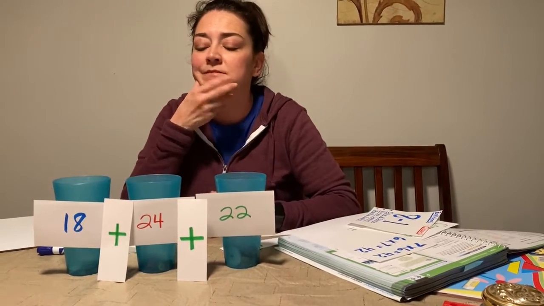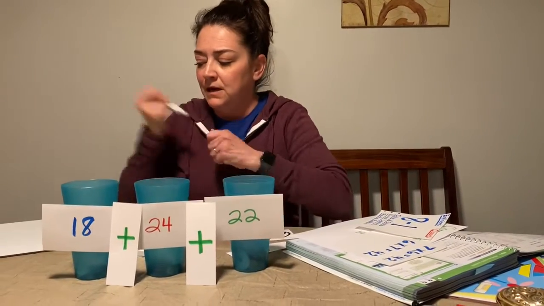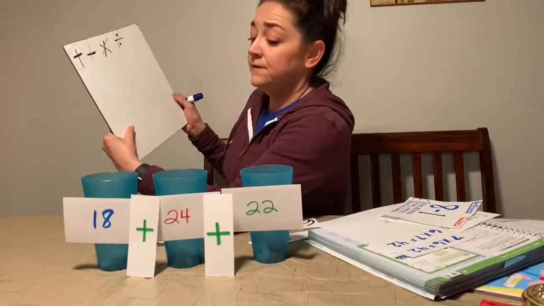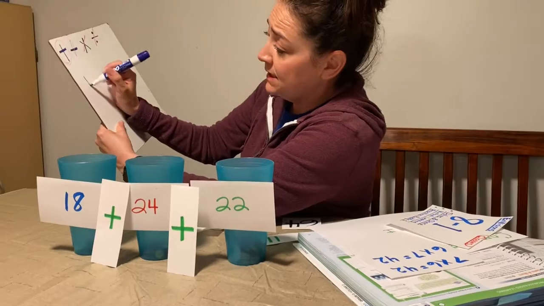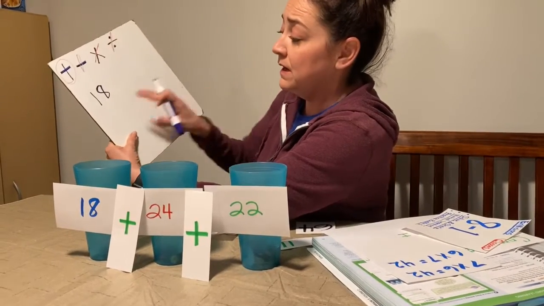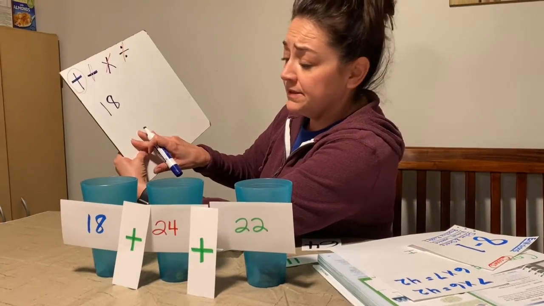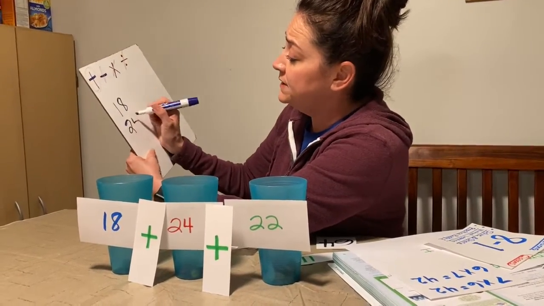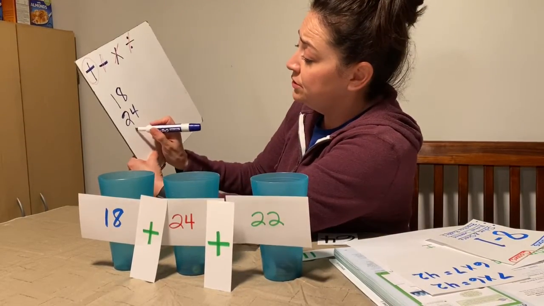I wonder how I can figure out how many total buttons we have. I probably can use some paper to figure this out. So I'm going to start with my first addend, which is 18. And then I'm going to stack it up this way vertically because I'm going to be able to add it up easier that way. Then my next addend is 24. And then my next addend is 22.